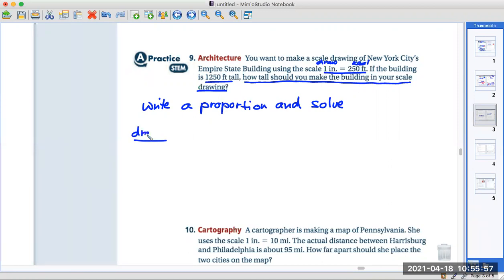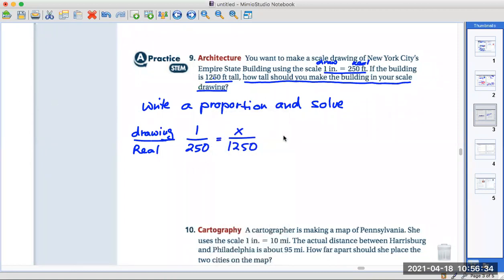So the drawing is the top of my ratio and the real life building is the bottom. So once I establish that order, I have to keep it the same, right? So the drawing is 1 inch for each 250 feet. And then we have how many inches for the 1,250. Okay. Remember the x is what we're looking for. How tall should you make the building?